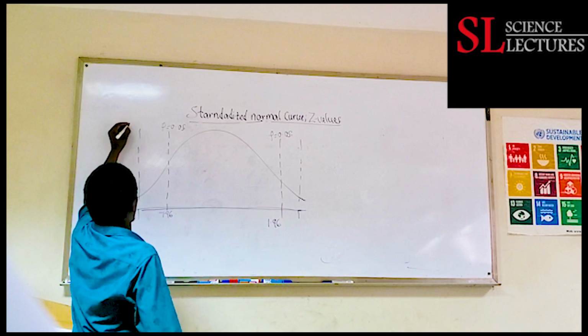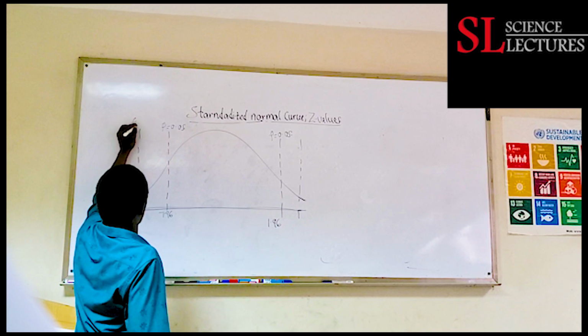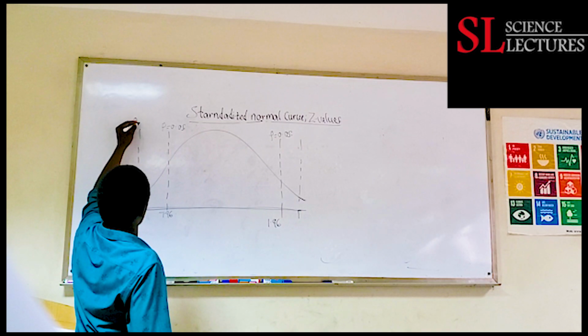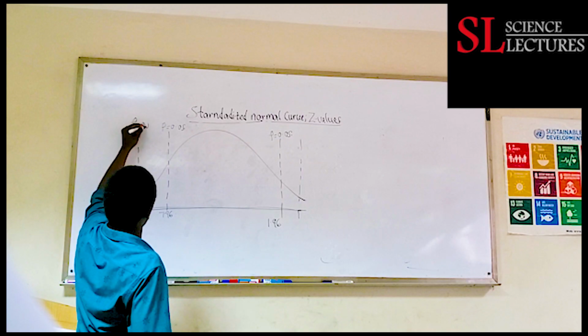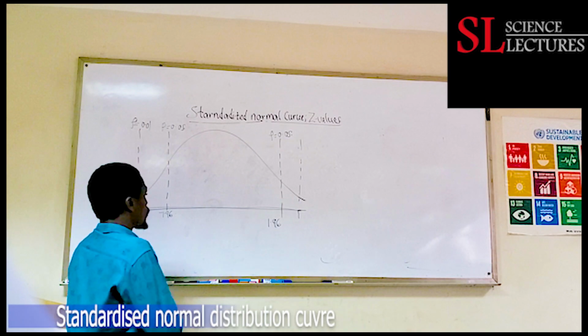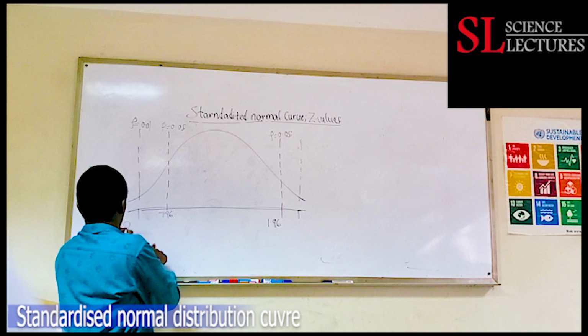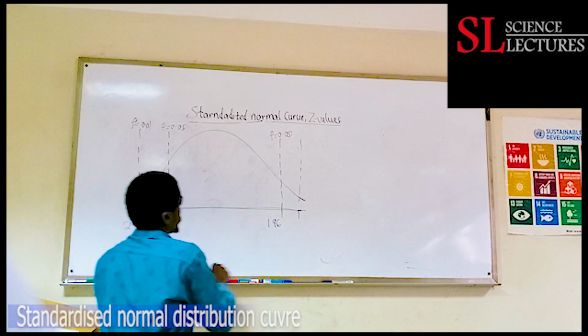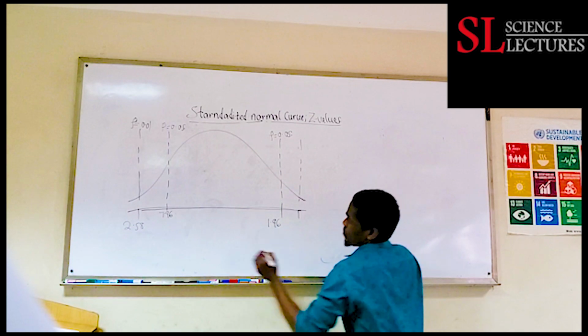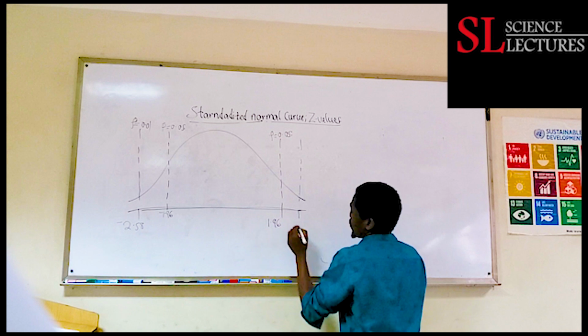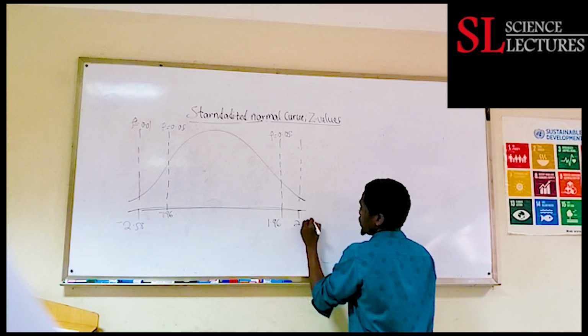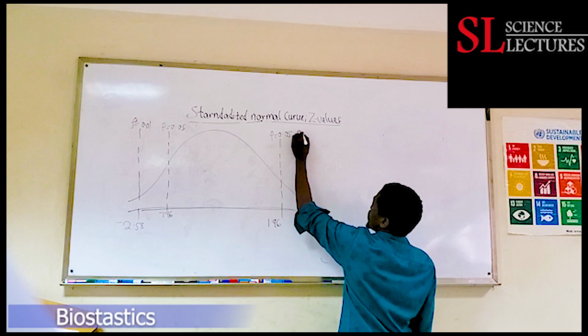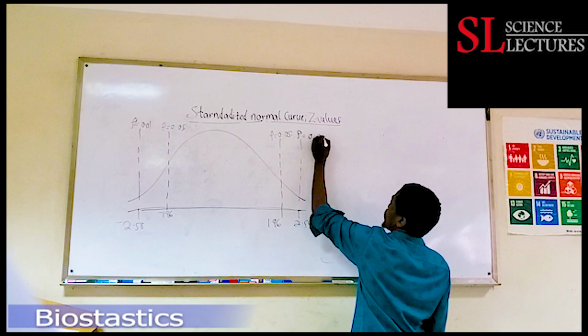But we can also have the one for the 99% confidence, P is equal to 0.01, and the critical value for this is 2.58. We do the same on the left, where it is negative. So this will be 2.58, the critical value, and this is P is equal to 0.01.